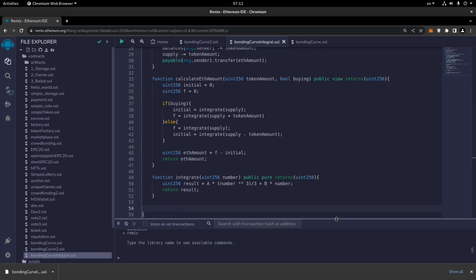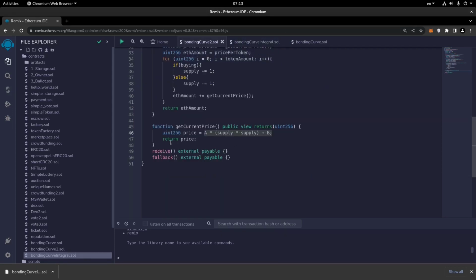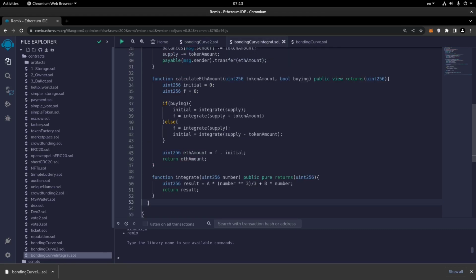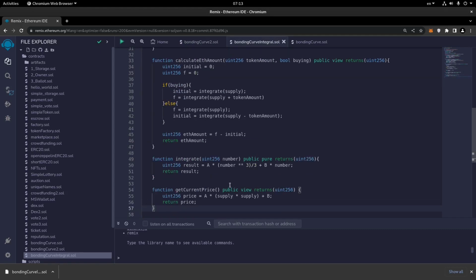So I don't need to write the next function, but this is necessary whenever you want to check the price. So I can copy and paste it from the previous contract. So get the price, and here we'll get the supply and calculate the price of the current moment. So it will follow the formula that we have right here. Let me write the function get current price.